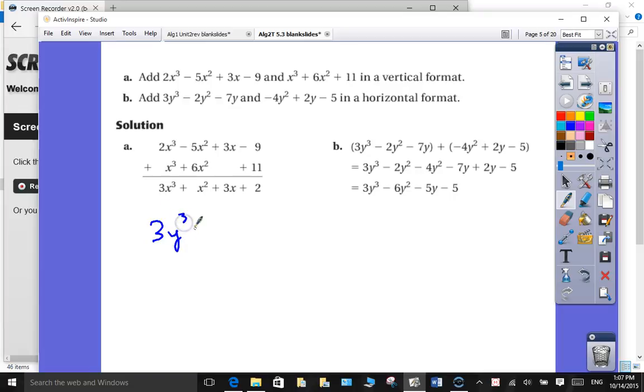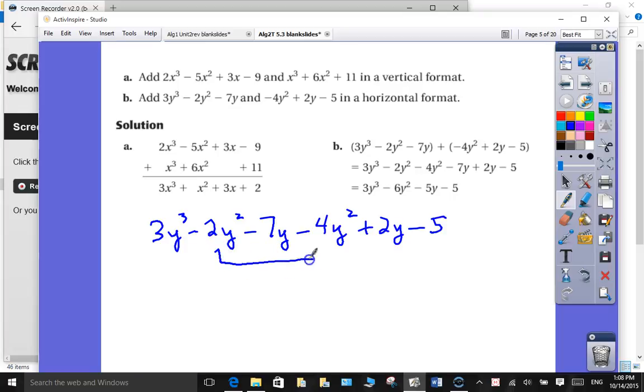3y to the third minus 2y squared minus 7y plus. Actually, I would not even have written a plus, because plus and negative is minus anyways. Okay, and then I just identify the like terms. These are like terms.